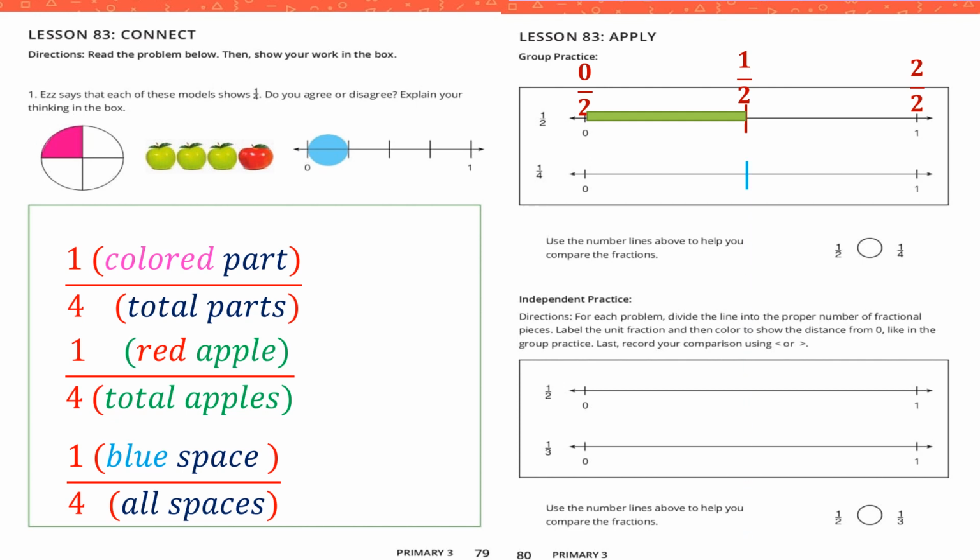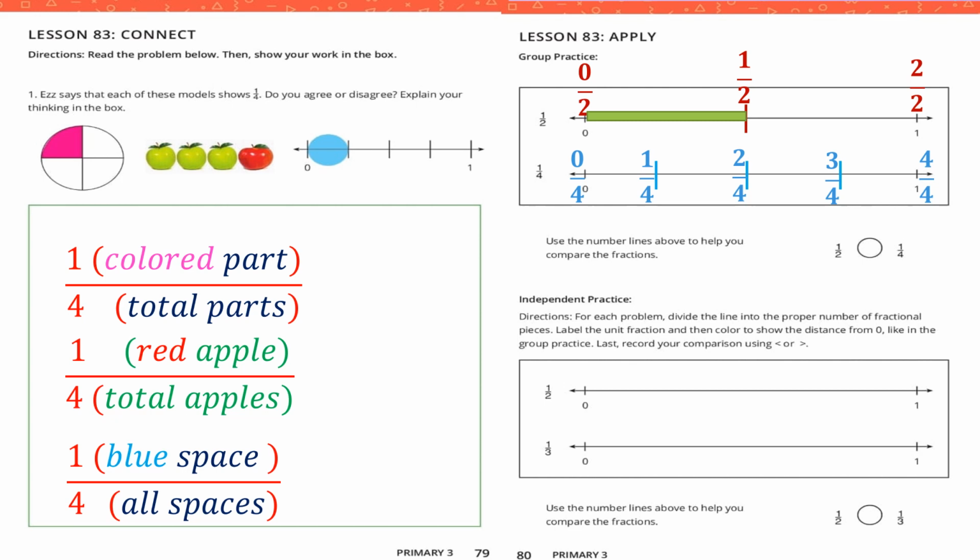Yes, 3 dashes. Like this. Okay? Label each dash by its fraction. 0 will be 0 over 4, 1 over 4, 2 over 4 in order till 4 over 4.